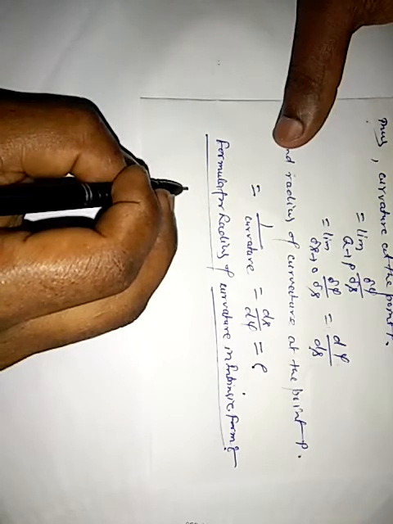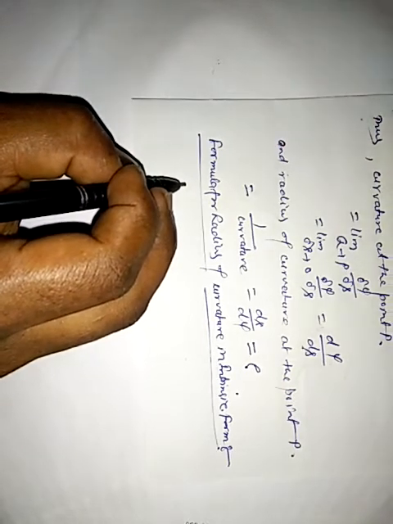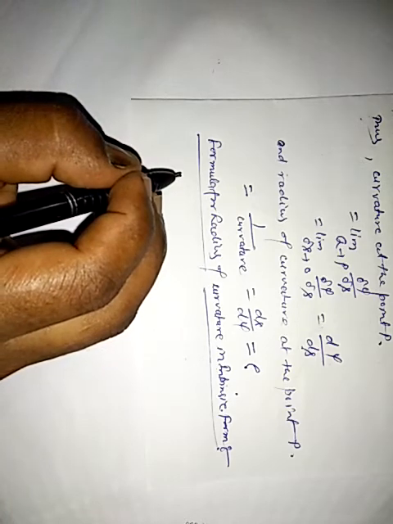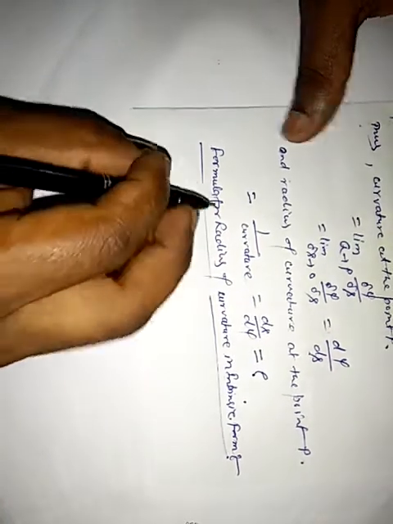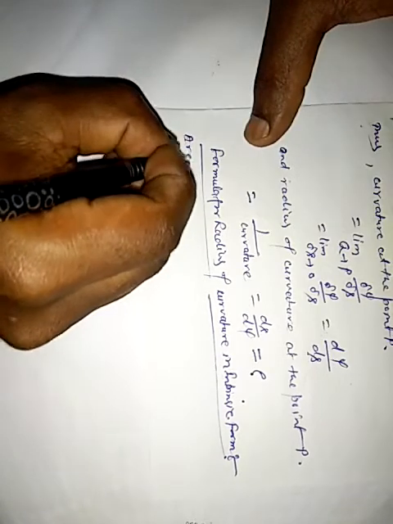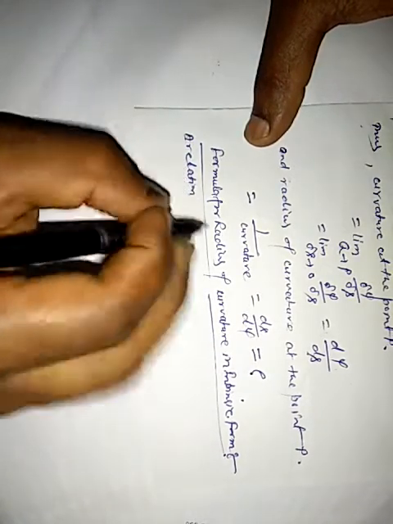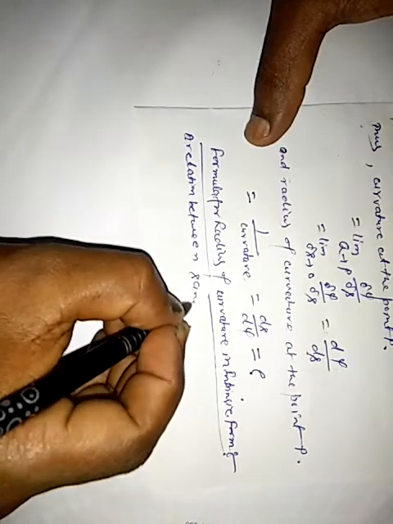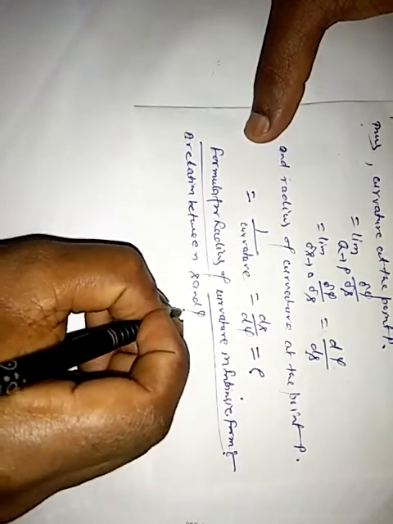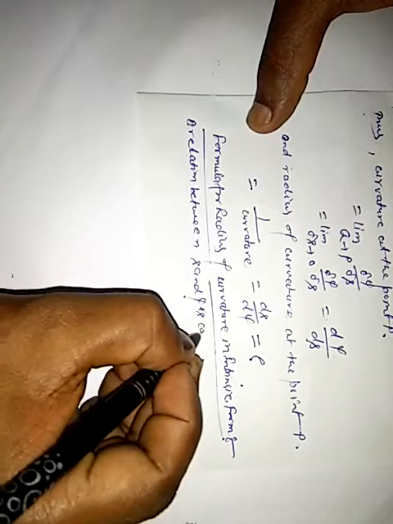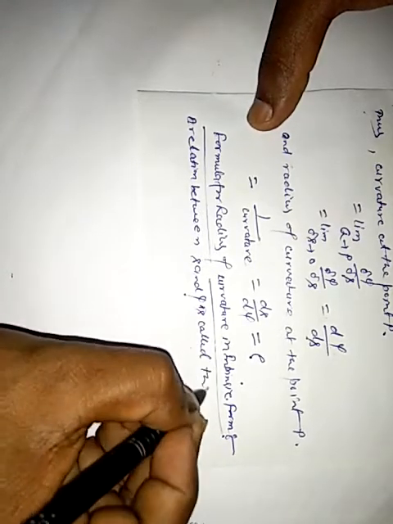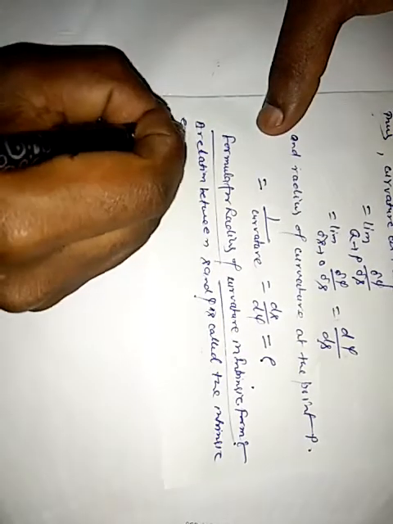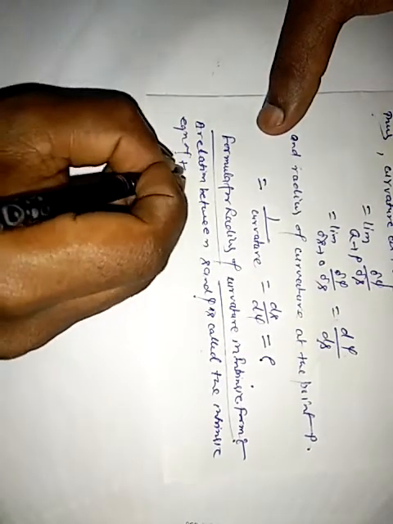At first we define what is intrinsic form. The relation between s and psi is called the intrinsic equation of the curve.